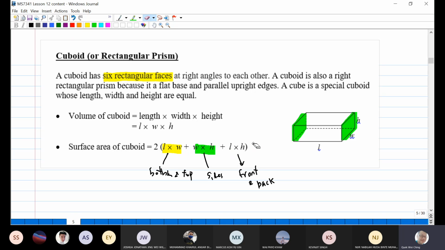And then I'm going to use blue for another surface here. This blue surface is the front and back here.